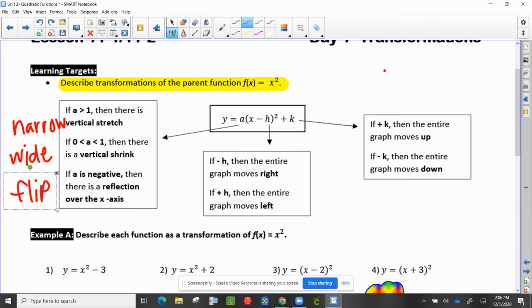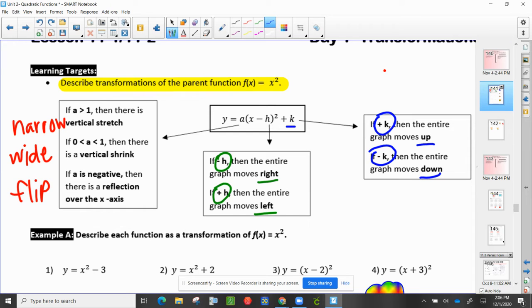If we have something inside the parentheses, remember a minus moves it to the right and a plus moves it to the left. So if it's inside those parentheses, that's your left or your right shift. And finally, the k value, if we have a plus k, it moves it up. A minus k moves it down, and that's outside, at the end of the problem. So it's outside the squared part.